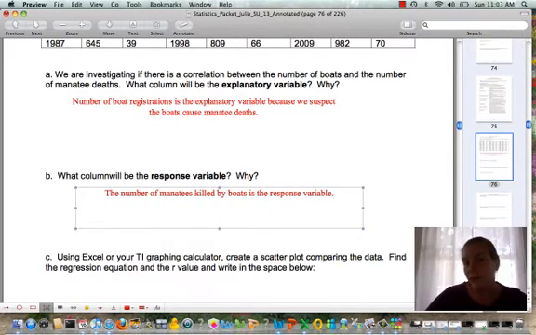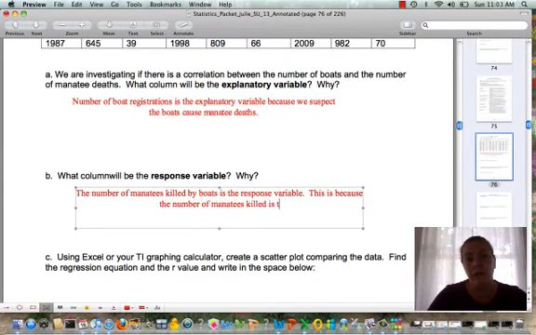Okay, so we have here that the number of manatees killed by boats is a response variable, and we can say this is because the number of manatees killed is the outcome of the number of boats.